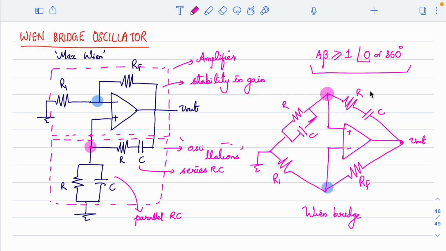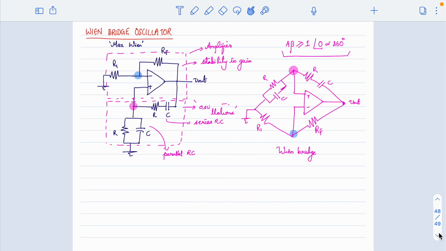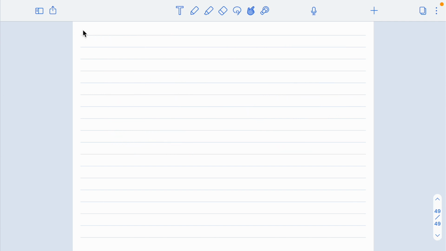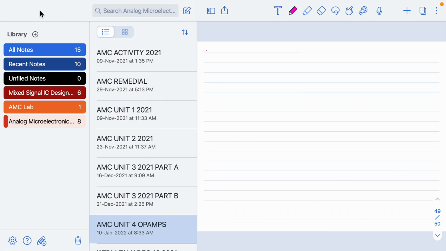Now it purely depends on the value of RC that we choose, right? So depending on the value of RC, the total phase shift can be made equal to 0. So what we will do now is go ahead and analyze. I hope the basic circuit is clear. Now we will analyze the circuit and come up with the condition for oscillations, which will give you more clarity on how this works, right?